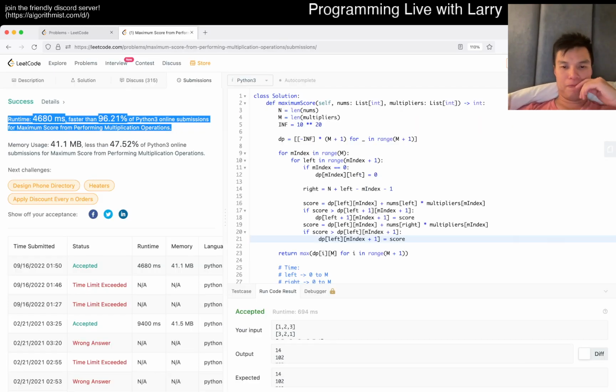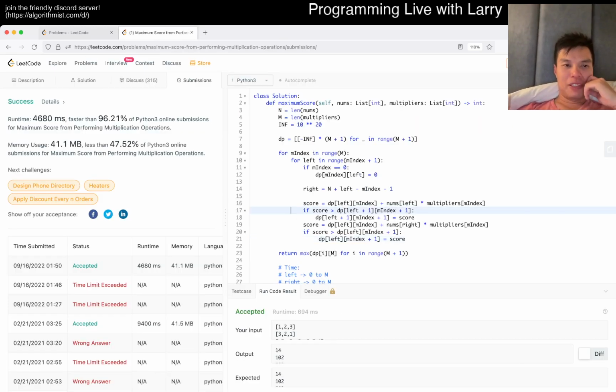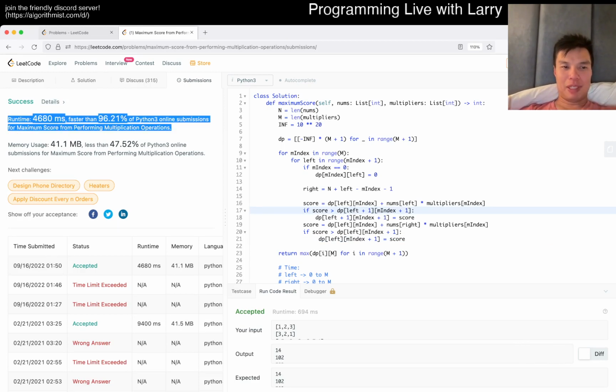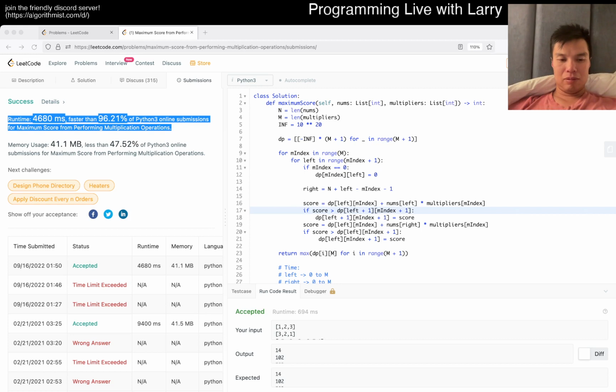So I'm just copying pasting to my Discord. Hang on. I have to wake up early, but thanks, Leetcode.